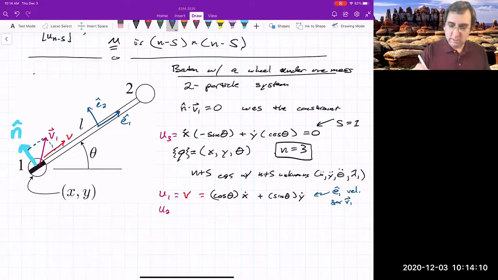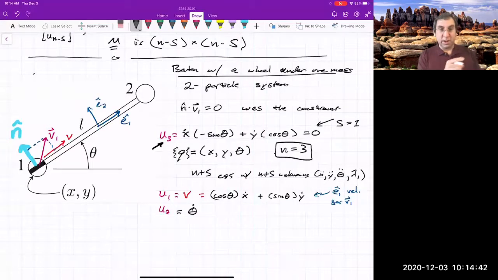Okay, what about u2? Let's pick theta dot. So this fits the form of a set of quasi-velocities. It fits the form up above, and we've picked u3 to be exactly the direction in which there's no motion, equal to 0.